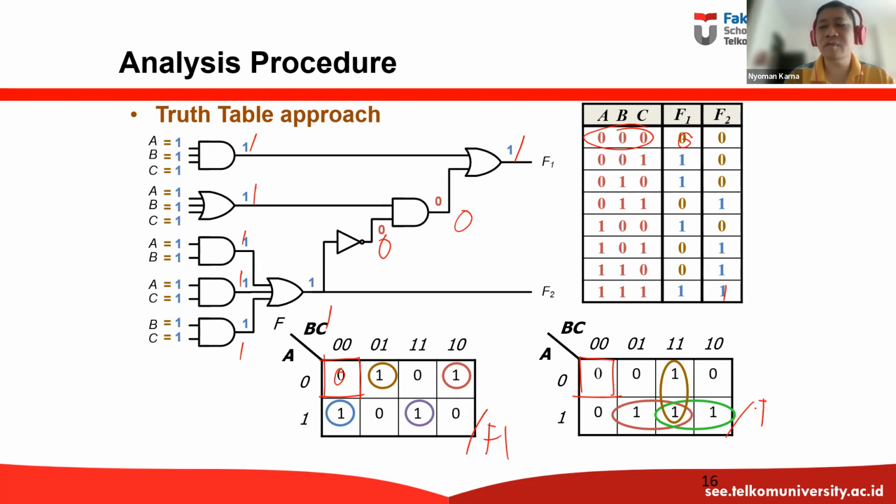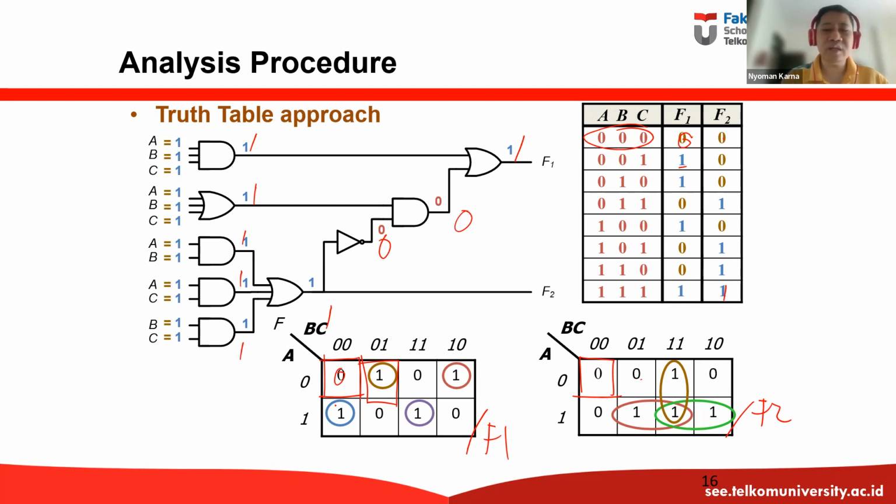And then F2 is also 0. And then the next combination is 0, 0, 1, which is this cell. F1 is 1, F2 is 0, etc., until we fill in all the cells in the K-map, and then we can identify the groups.